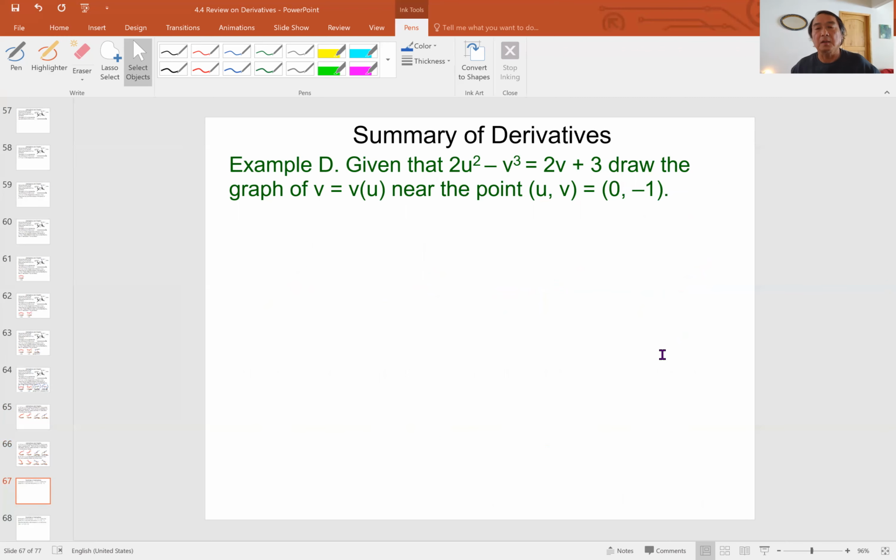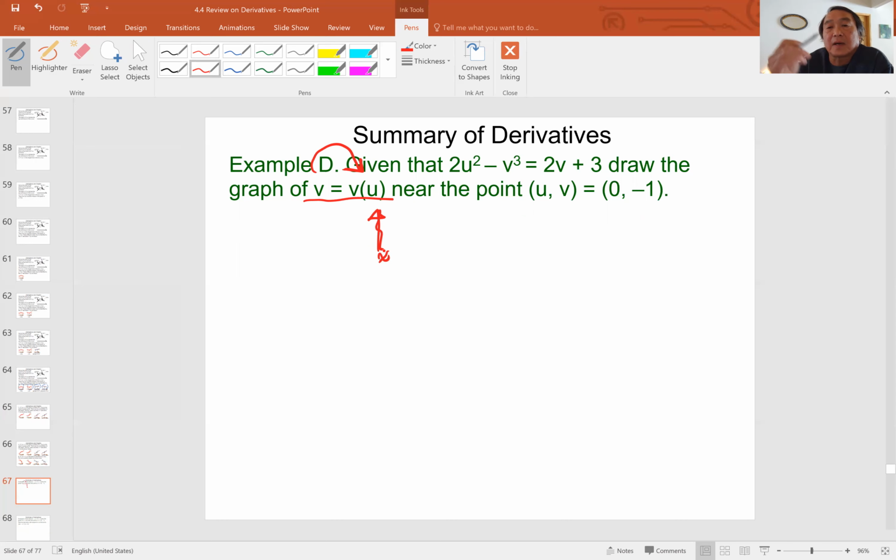So here are again equations in terms of u and v, and now we specify that we're going to view u as the input, or independent variable, and v as a function of u. In other words, we treat u as the x.